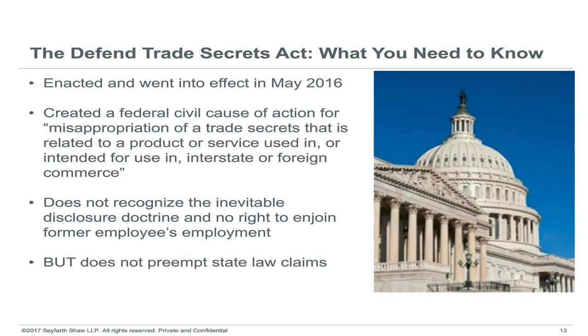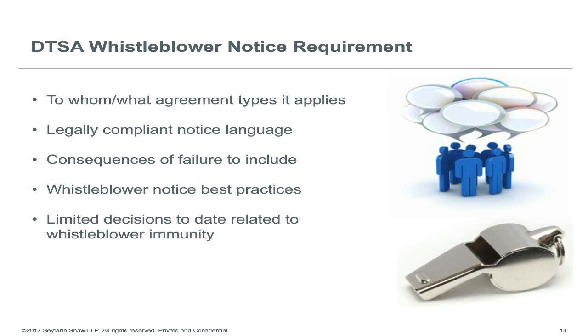Another unique aspect of the DTSA is that it requires employers to provide notice to employees of these employees' whistleblower rights. And essentially that means that if they suspect violations of the law, that they have a right to disclose those potential violations of the law to law enforcement as well as to their attorney.